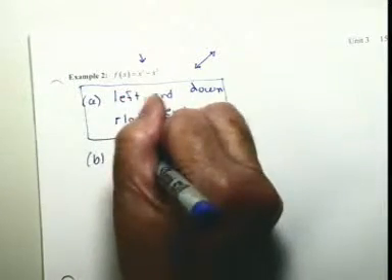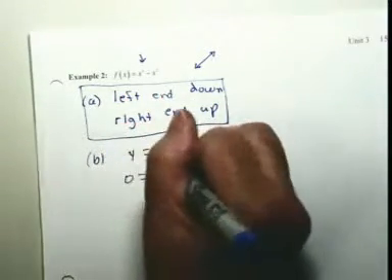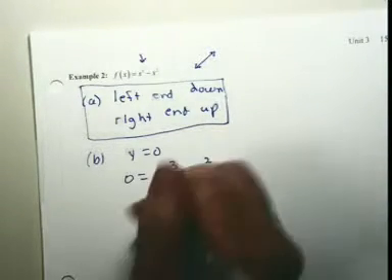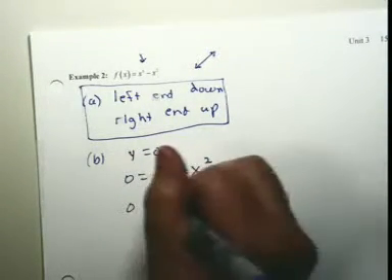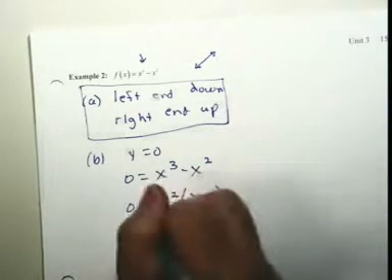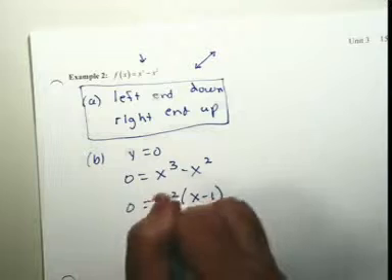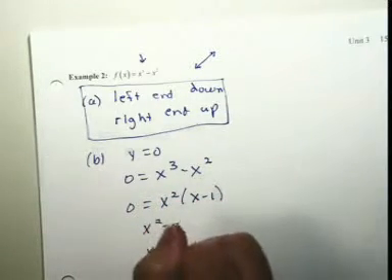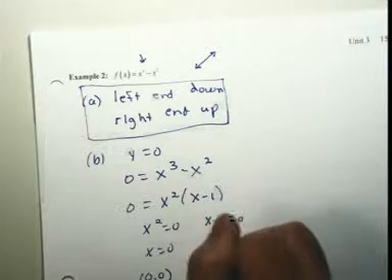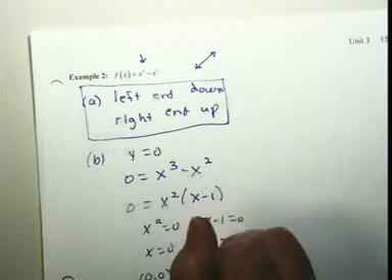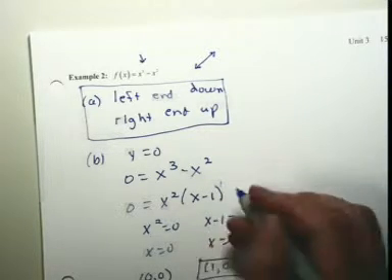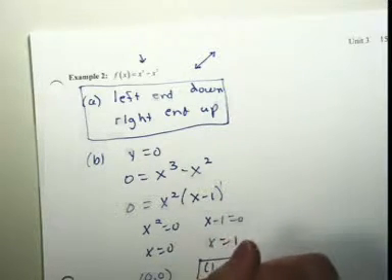Let y equal 0. What can I factor here? So I get x squared, x minus 1. But this one only occurred one time, so it is going to cross.